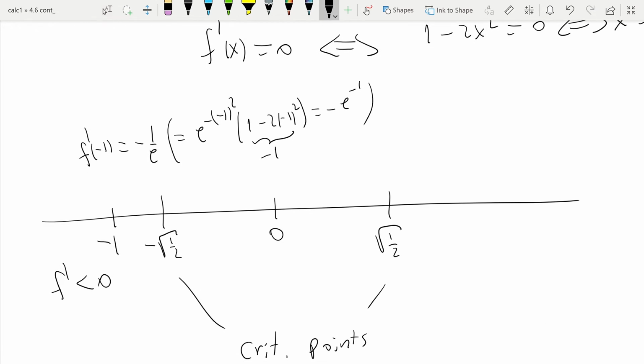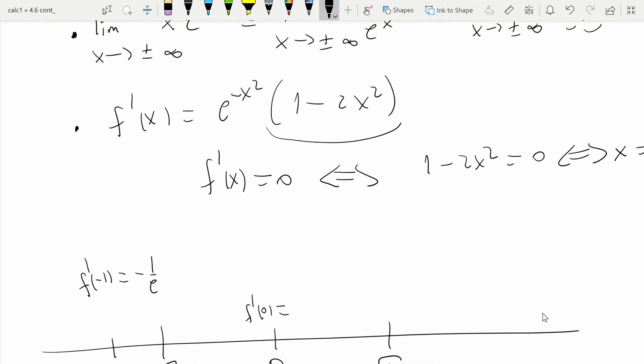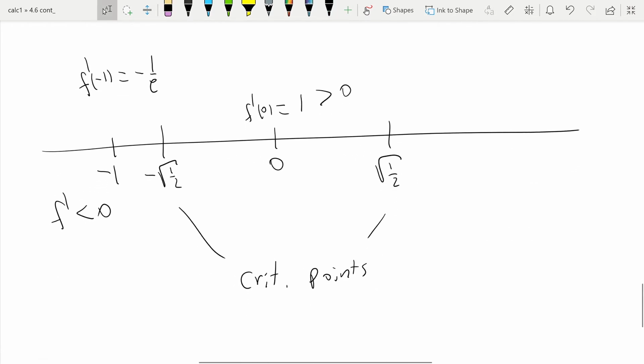Here f prime of 0 is equal to, I'm just going to erase this because it's just to check why f prime at minus 1 is equal to minus 1 over e. At 0, we just plug in 0. So we get e to the minus 0, which is 1, times 1 minus 0. So it's just 1, which is positive.